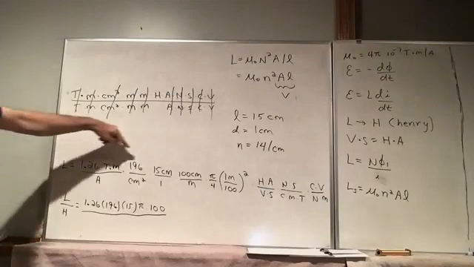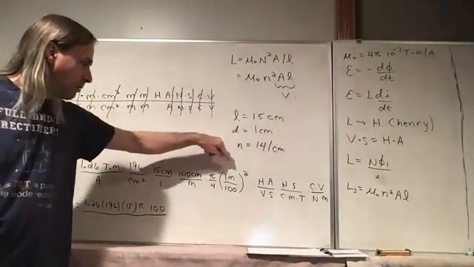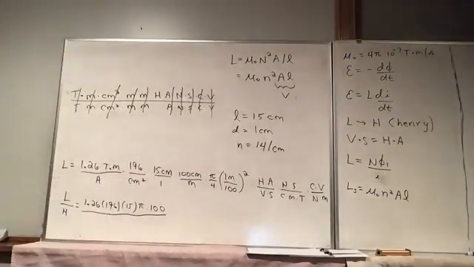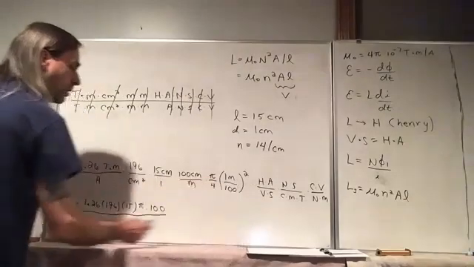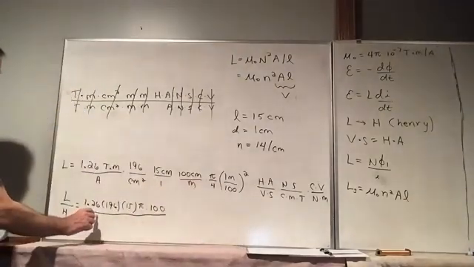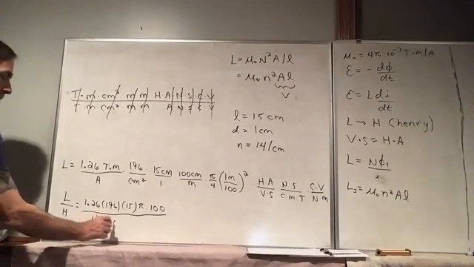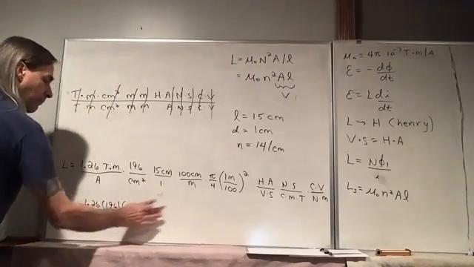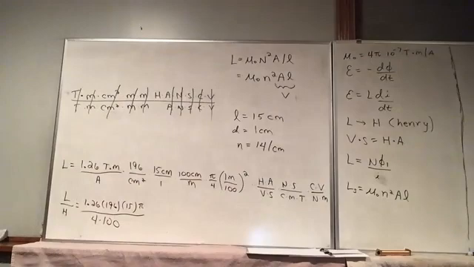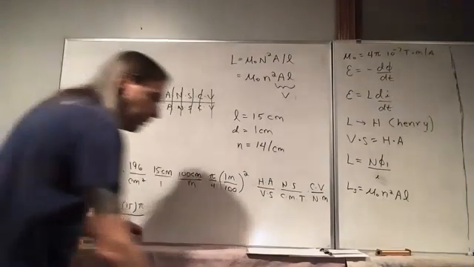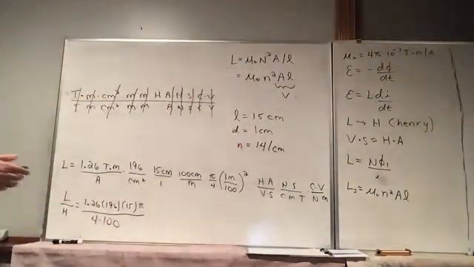So let's just double check. Okay, now on the bottom, we have 4 times 10 to the 4th. Let's do this and see what we get.